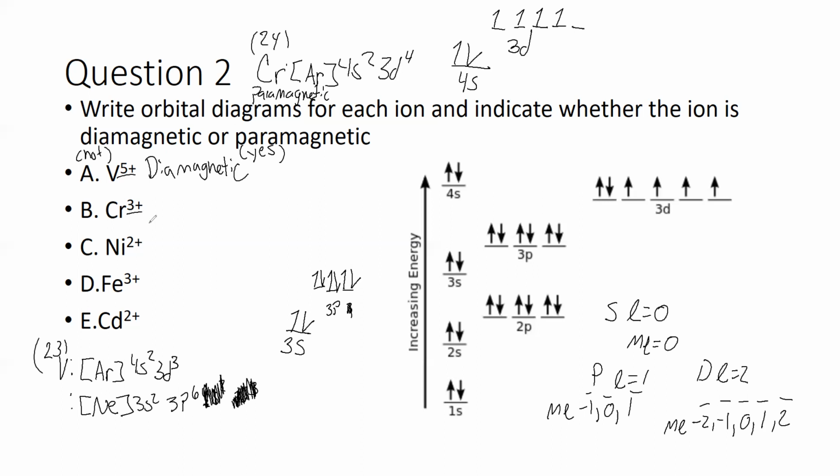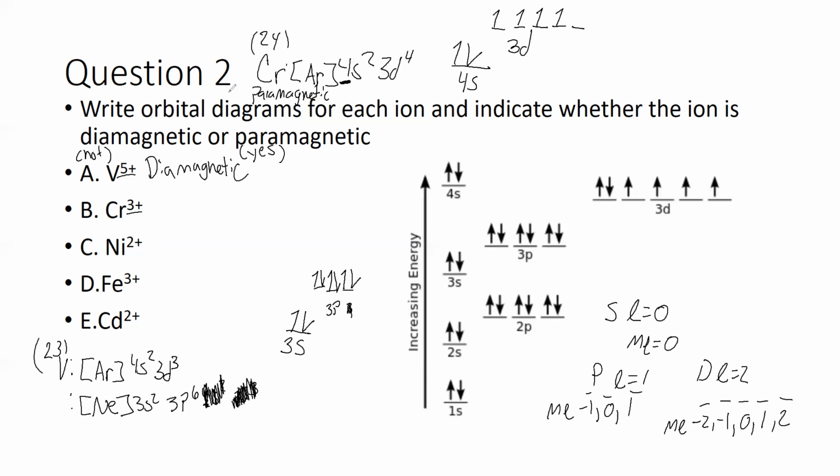However, the question is for chromium 3+. So 3+ means I lose 3 electrons. When you take electrons away, you always start with the highest energy level first. The highest energy level is the 4s orbital.